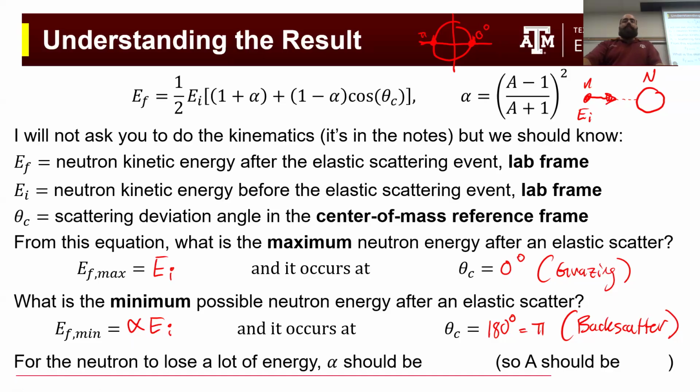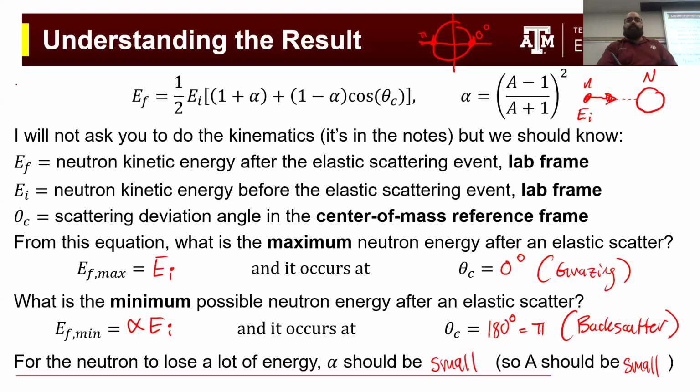And if we want the minimum energy to be as low as possible, that means that alpha should be a small number, right? Alpha should be a very small number if we want to lose a lot of energy in that collision. And if alpha needs to be small, that means that big A needs to also be small.